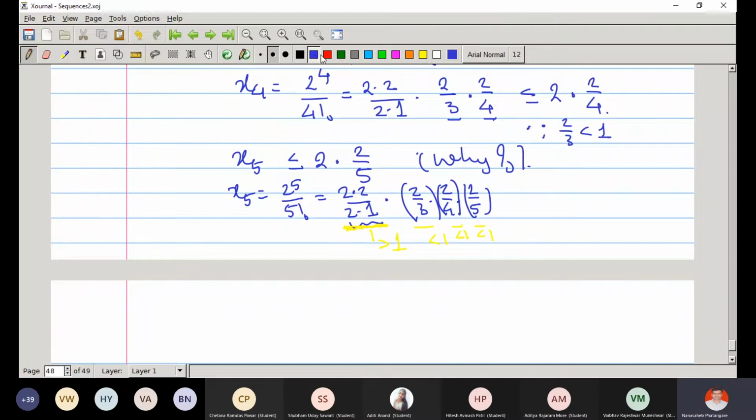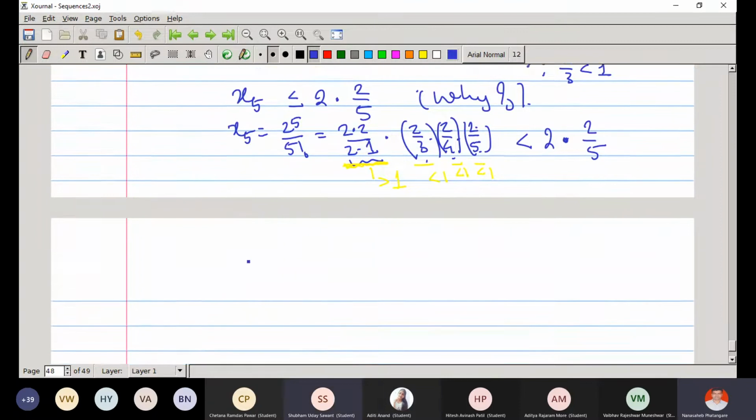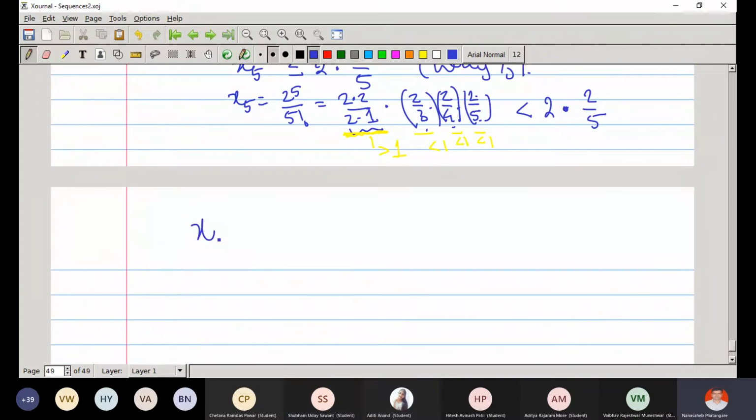Correct? So can I say that this is less than 2 into 2 by 5, because 2 by 3 is less than 1, 2 by 4 is less than 1, and I will put 2 by 5 as it is. So is it correct now? Now I want to generalize this.